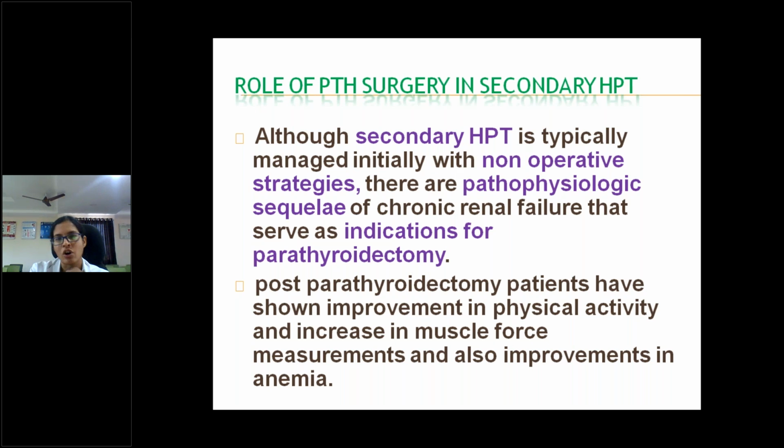In secondary, usually non-operative strategies are used because this is due to secondary chronic renal failure. The parathyroid gland is normal; there is no abnormality in the parathyroid. When we cannot control this hypercalcemia with non-operative medications or controlling of renal failure, then we go for parathyroidectomy.